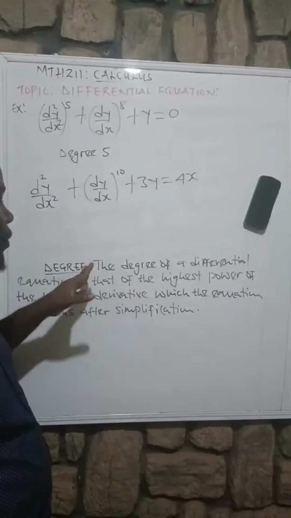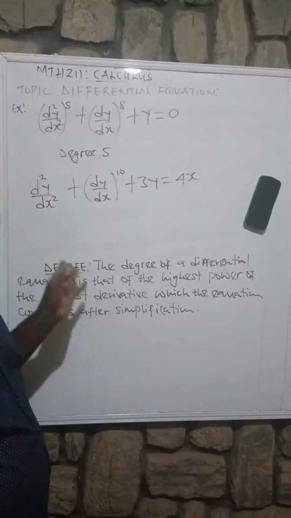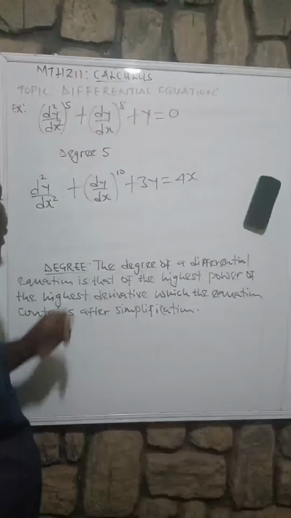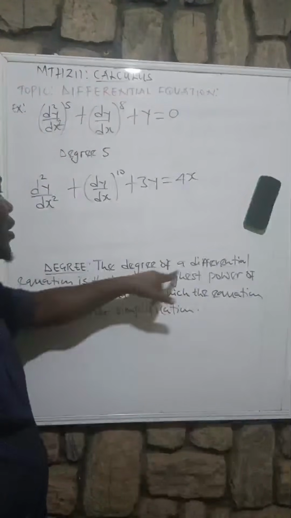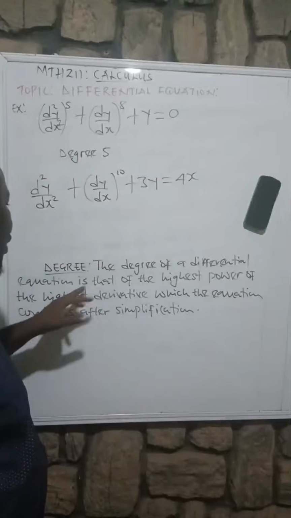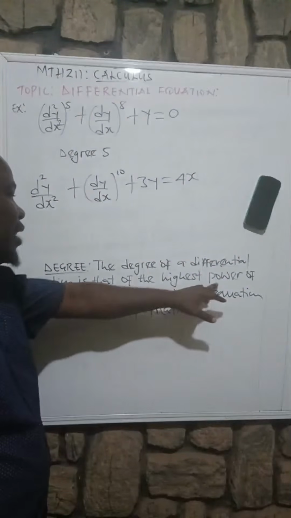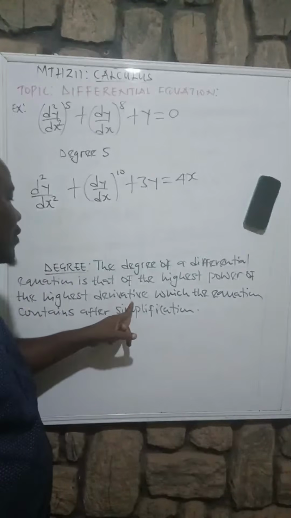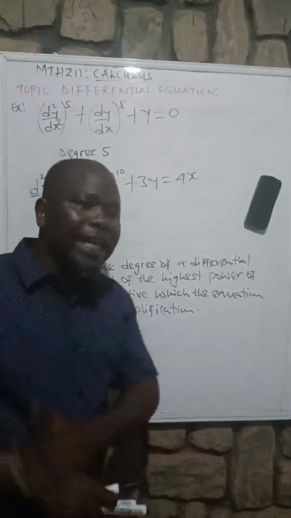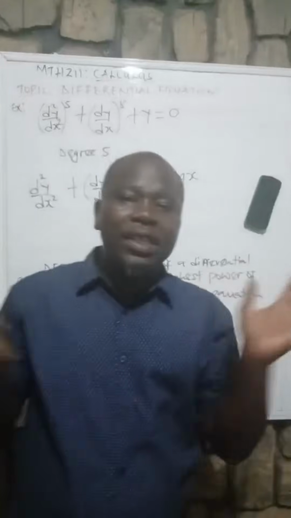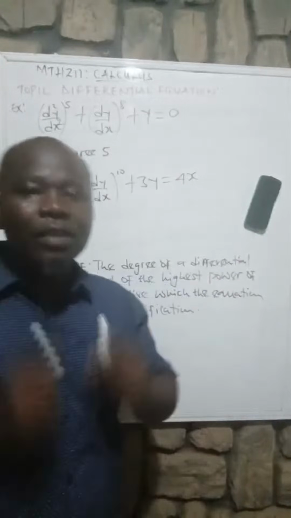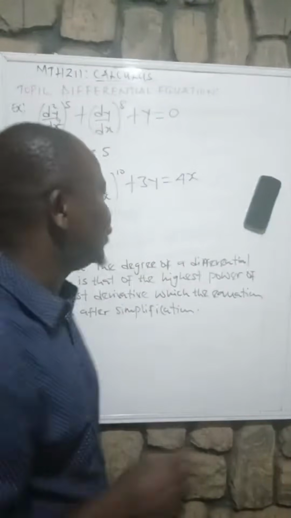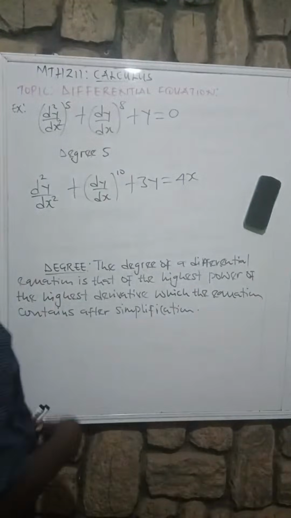Always know the meaning of the degree. As long as differential equation is concerned, know the meaning. The degree of a differential equation is that of the highest power of the highest derivative. It means any power that the highest derivative carries in that equation, that is the degree. Is that clear?